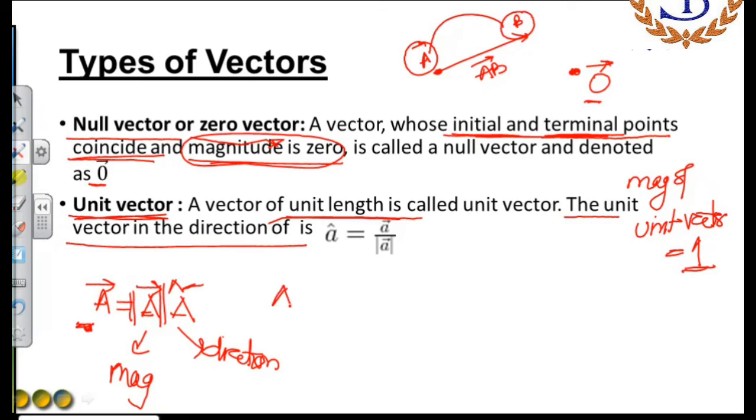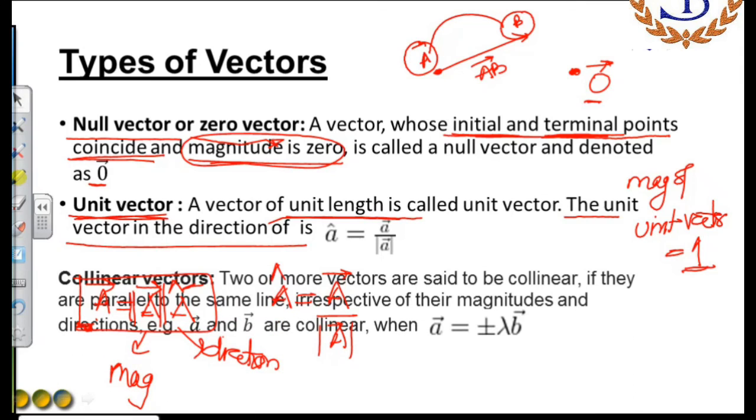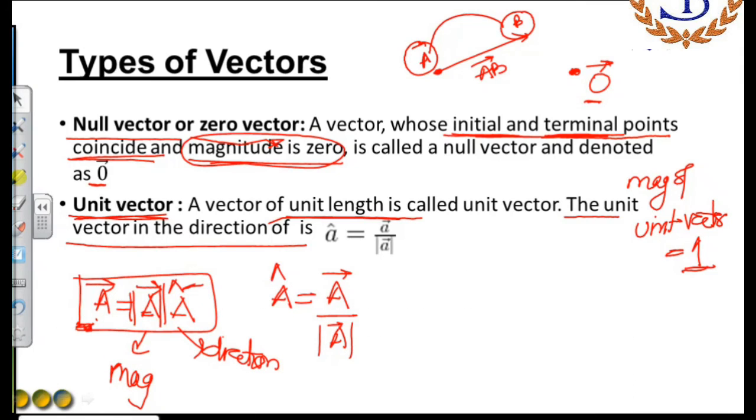A cap means the direction of a vector can be found out by dividing the vector by its magnitude. See, I am getting this from this particular formula. A vector is equal to modulus of A, modulus of A means magnitude, and this is the direction.